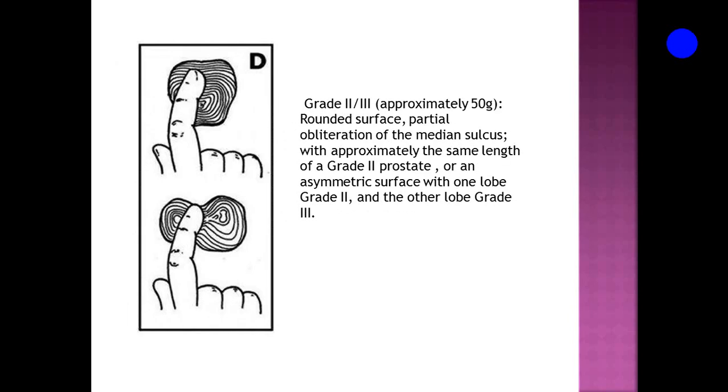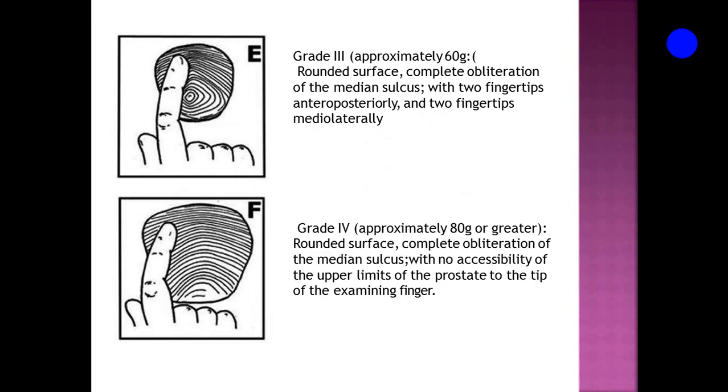Picture D shows the grade between 2 and 3, where the prostate weighs approximately 50 grams, with a rounded surface and partial obliteration of the median sulcus. So we see that the median sulcus is one of the most significant signs of the prostate being enlarged.